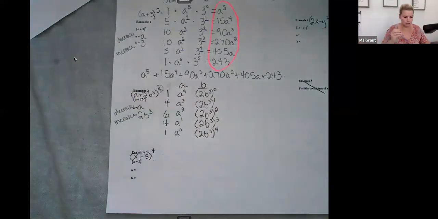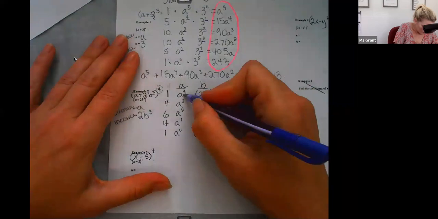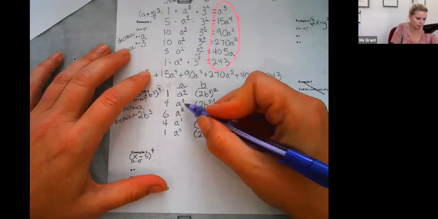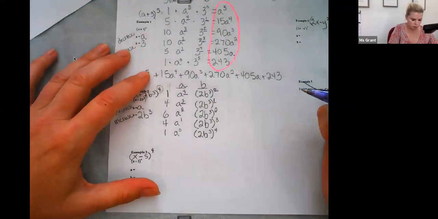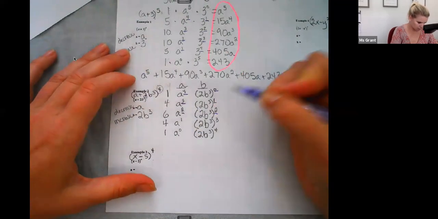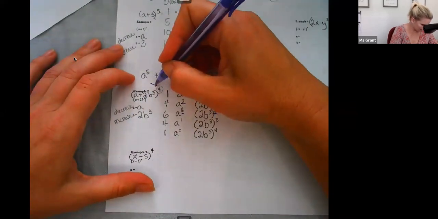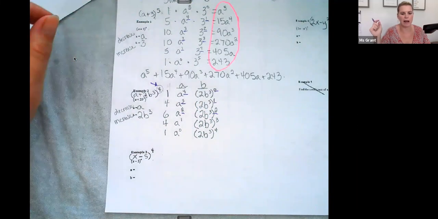Again, please remember 4 plus 0 make 4, 3 plus 1 make 4, 2 plus 2 makes 4, because we are trying to do an expansion to the fourth power.